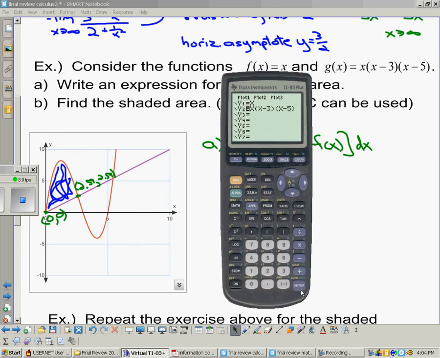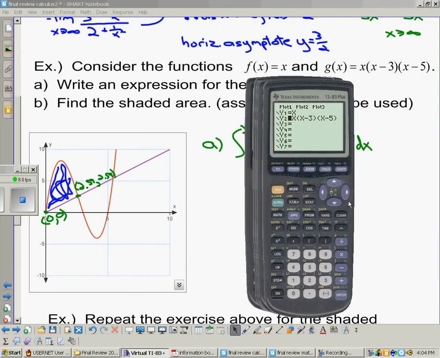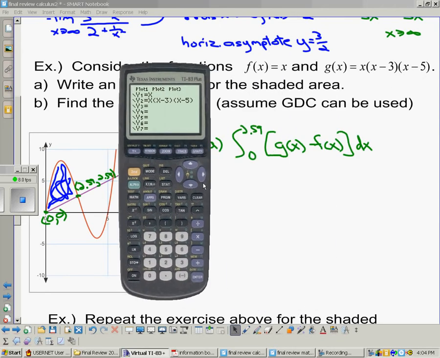So I'm just going to turn these two things off. And I'm going to put in a new function, which is g(x), that was x(x - 3)(x - 5), minus the function f(x), which was just x. Now I get a different looking curve, so that's kind of the downfall to this approach.